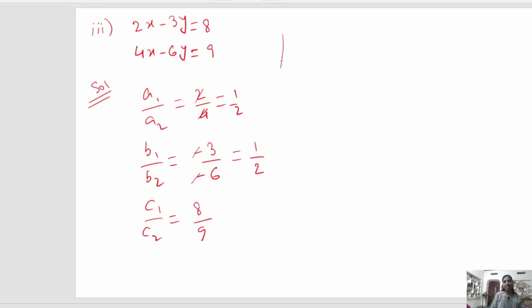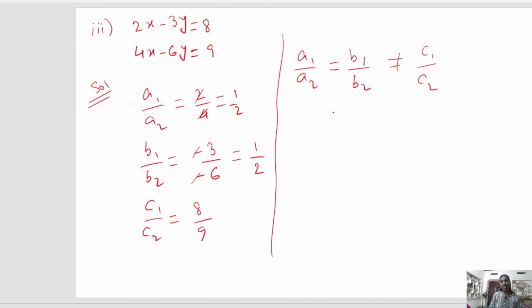So it is clear that a1 by a2 is 1 by 2, b1 by b2 is also 1 by 2. a1 by a2 is equal to b1 by b2, which is not equal to c1 by c2. It means the pair of linear equations has no solution. So we can conclude that the pair of linear equations are inconsistent.